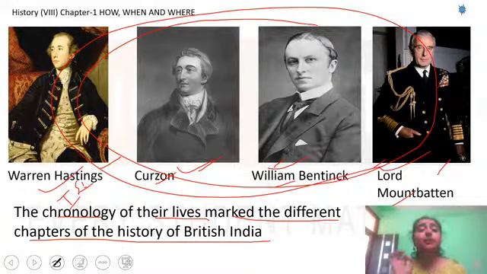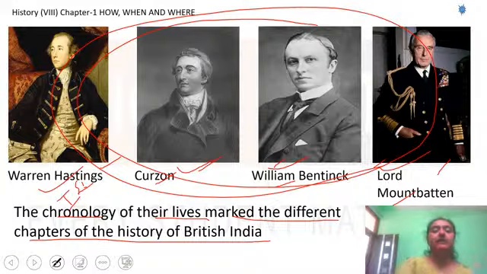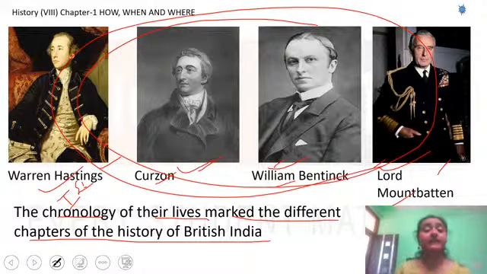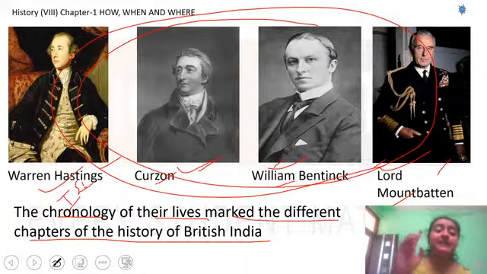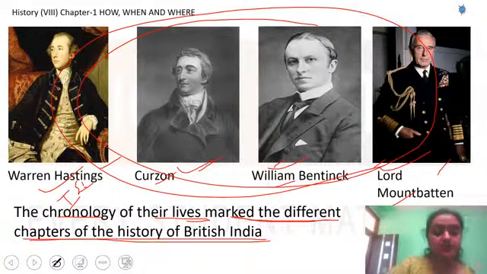Okay, the chronology means sequence wise. Even if we say that Warren Hastings became Governor General in 1772, or Curzon was there in 1905, William Bentinck was there when the Sati system was abolished, and Lord Mountbatten was there during the Indian independence. So this chronology of their lives marked the different chapters of the history of British India.